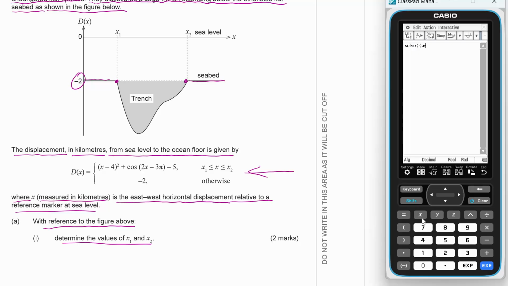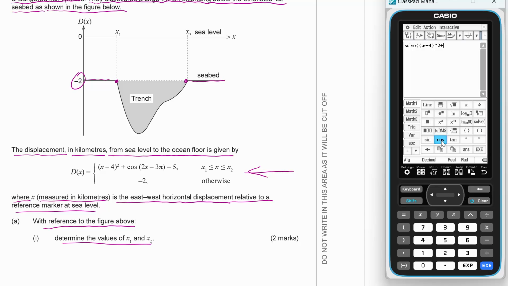So it is x minus 4 squared, add the cosine of 2x minus 3 pi, take away 5, and we need that to be equal to -2.